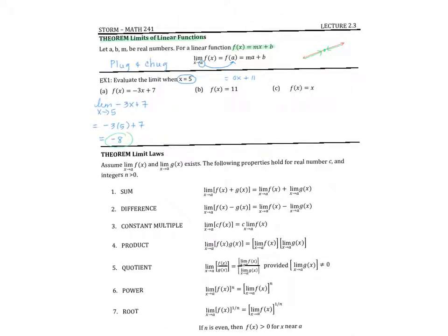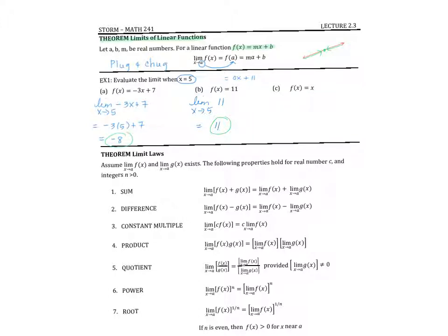So this is going to be equal to the limit, again still approaching x is equal to 5, of 11, which is simply 11. So whenever you have a constant function, meaning there's no x in the expression, then the limit is equal to the function.